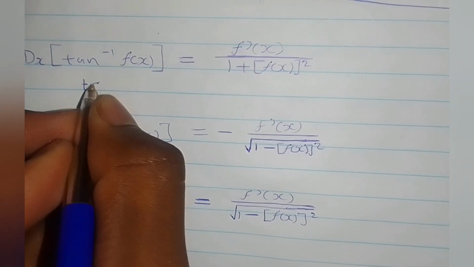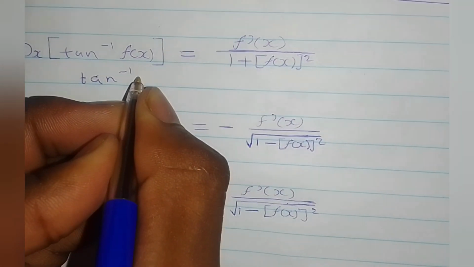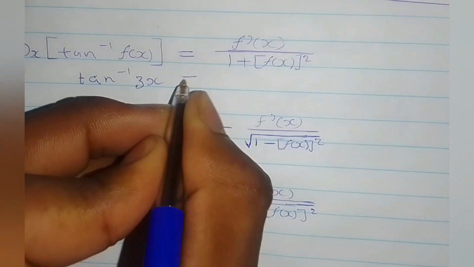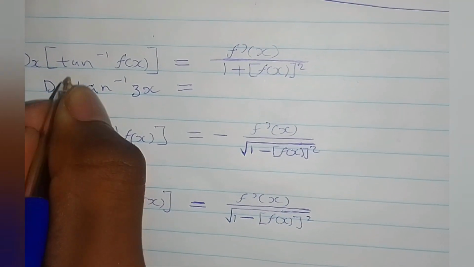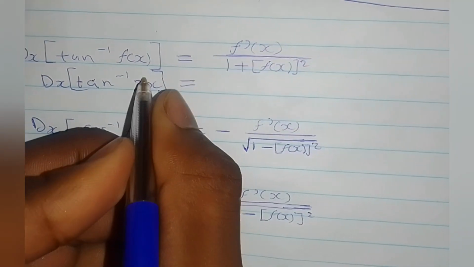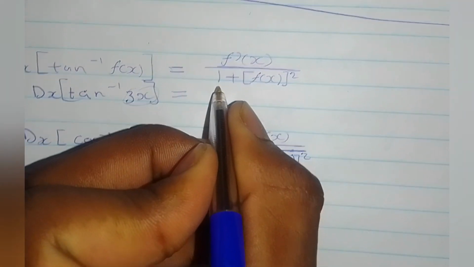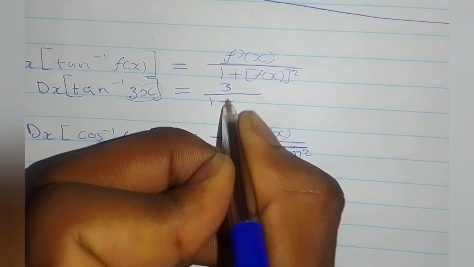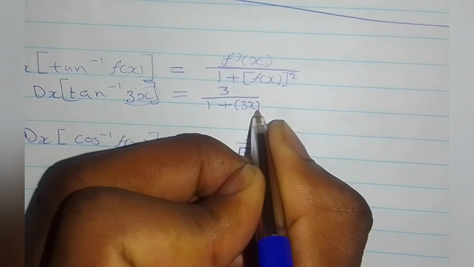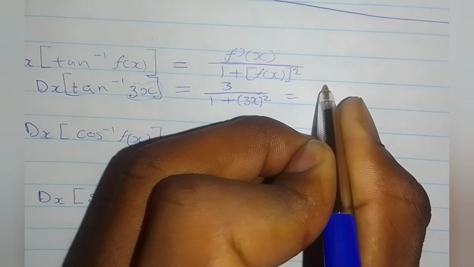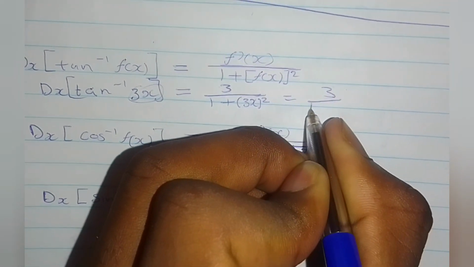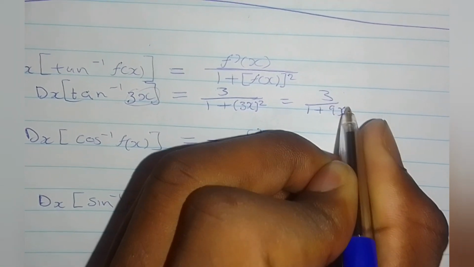Let's say I'm trying to find the derivative of arctan 3x. The derivative of this is going to be the derivative of the inside, which is 3, divided by 1 plus 3x squared, which is going to be 3 over 1 plus 9x squared.